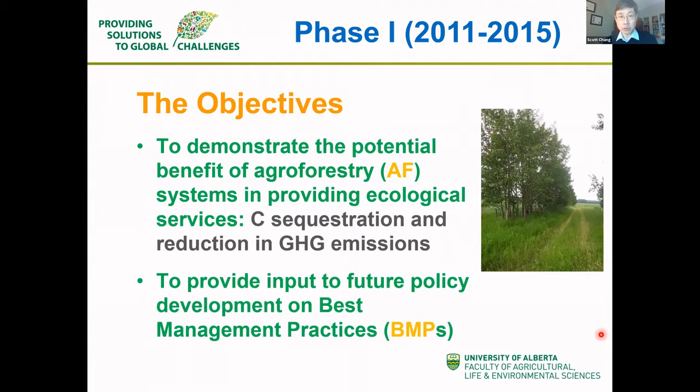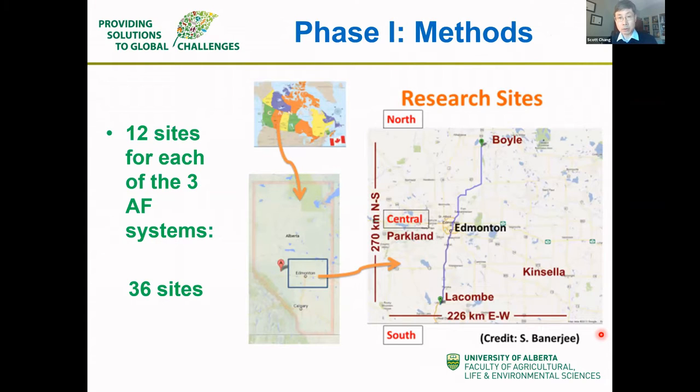The objectives were to demonstrate the potential benefit of agroforestry systems in providing ecological services, including carbon sequestration and reduction in greenhouse gas emissions, and to provide input to future policy development on BMPs, which was the objective of the AGGP funding.